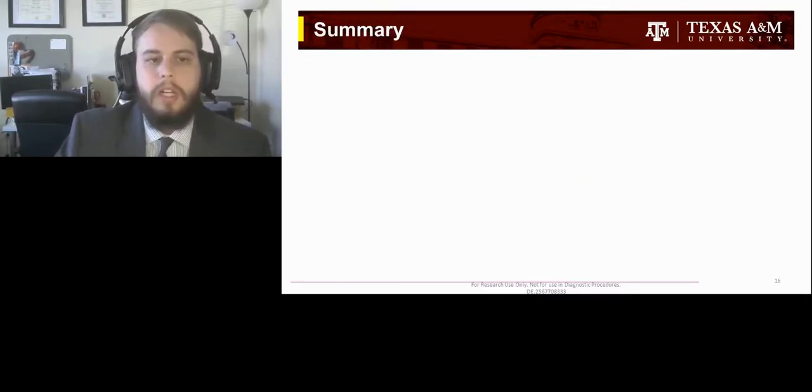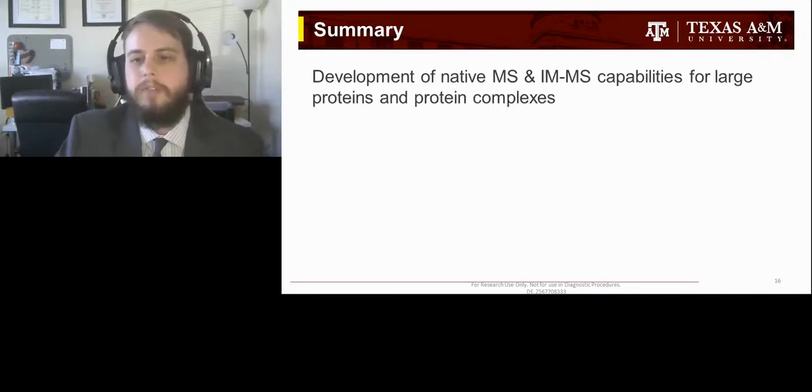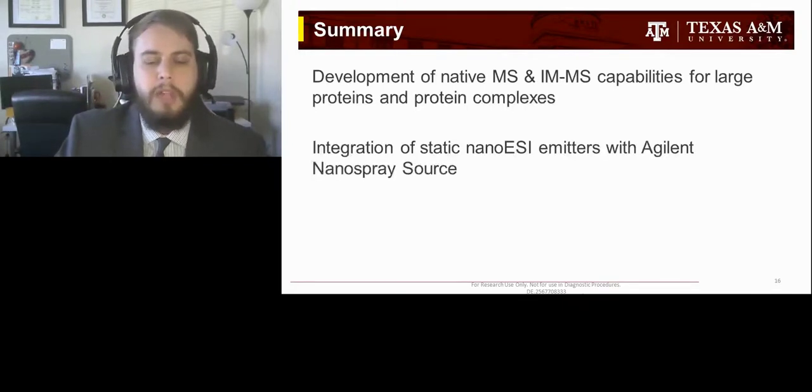So in summary, in our lab and with the projects I've been working on, we've worked on development of native mass spec and IM-MS capabilities for large proteins and protein complexes, namely using the high mass modes available on the 45XT as well as the 6560 IM Q-TOF platforms.